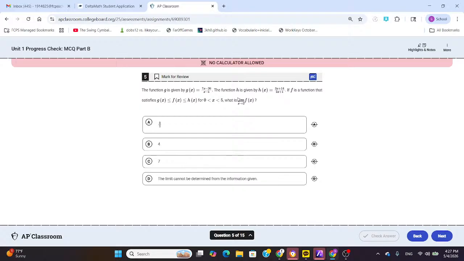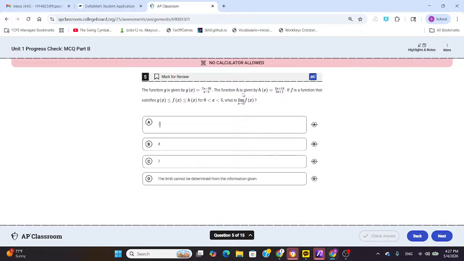If you want to find the limit as x approaches 2 of f of x, you have to find what the limit is approaching for g of x and for h of x, right? And it has to be in between those two numbers.